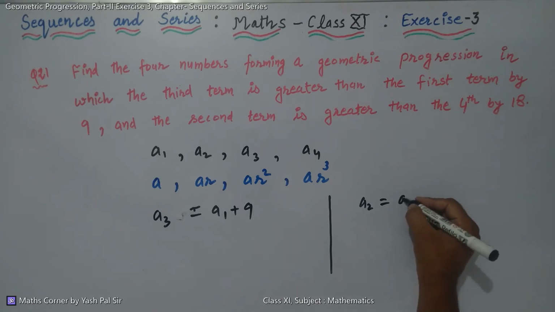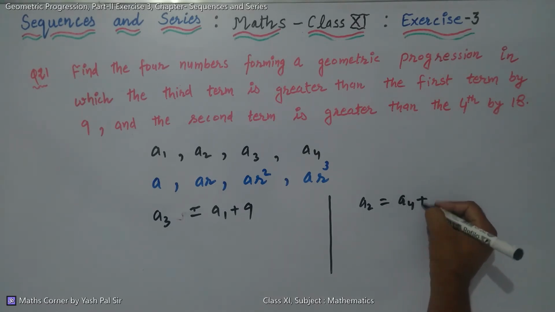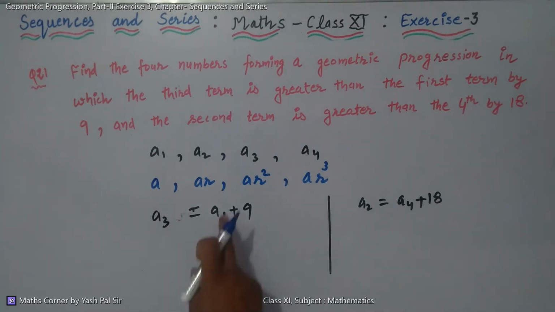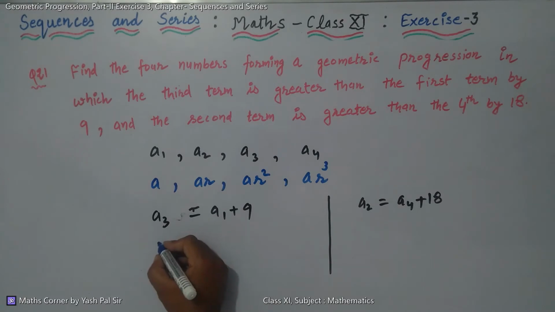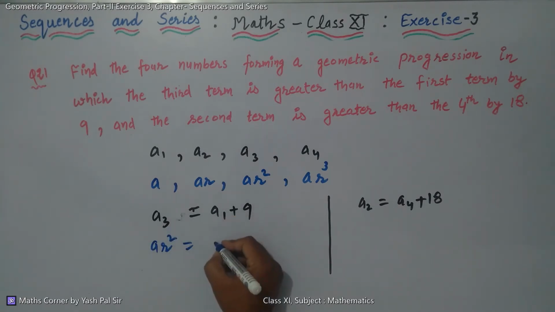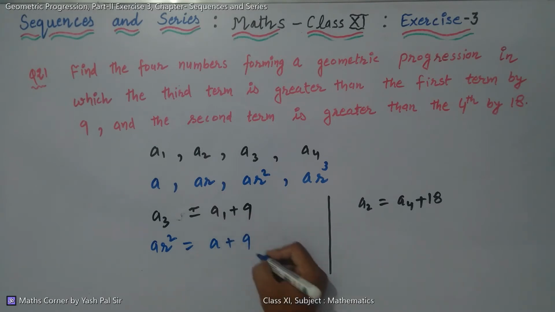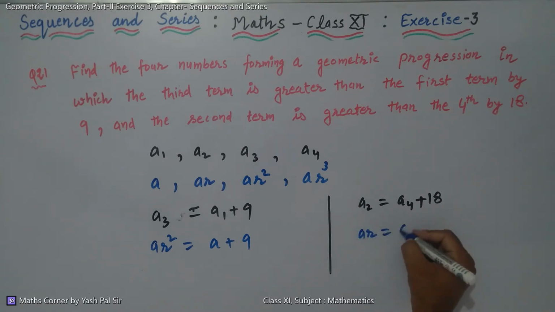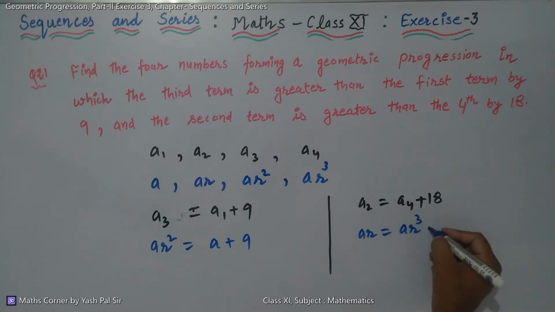So the second term is a4 plus 18. So accordingly, what are the values now here? We have the third term ar square is equal to a plus 9, right? So here a2, that is ar, is equal to ar raised to power 3 plus 18.